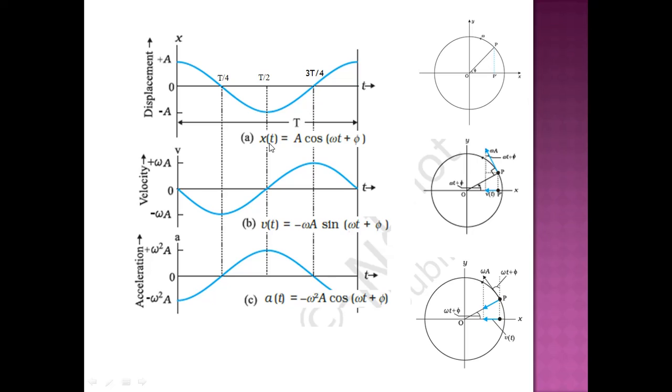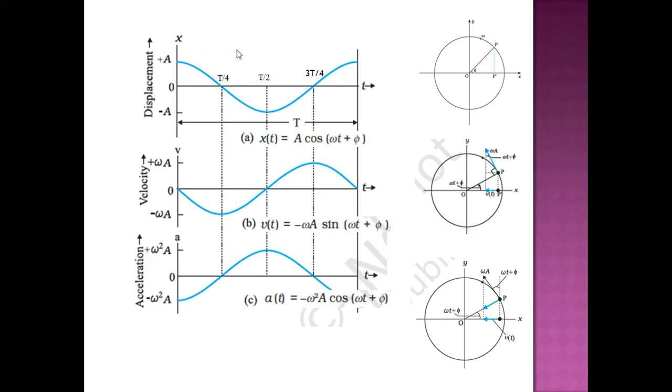So if you consider x(t) equal to A cos(omega t plus phi), and you consider here small t equal to T by 4, then we get cos 90, pi by 2. So we get displacement to be 0.